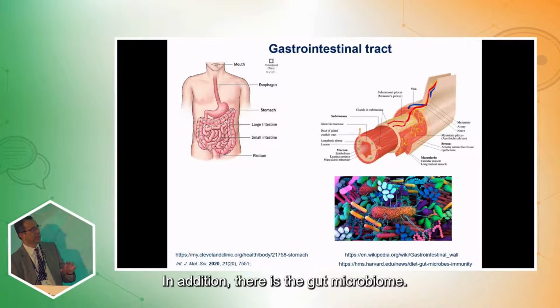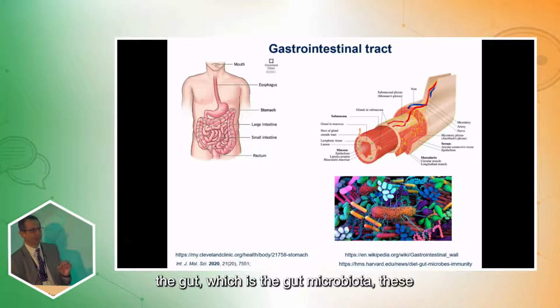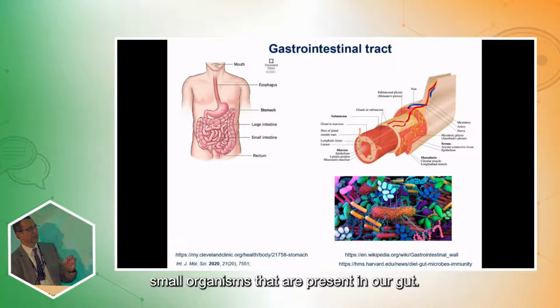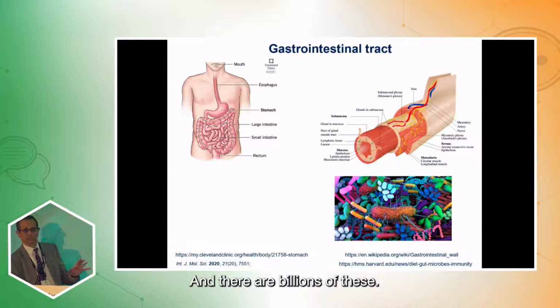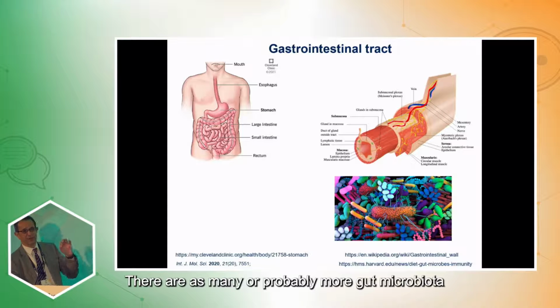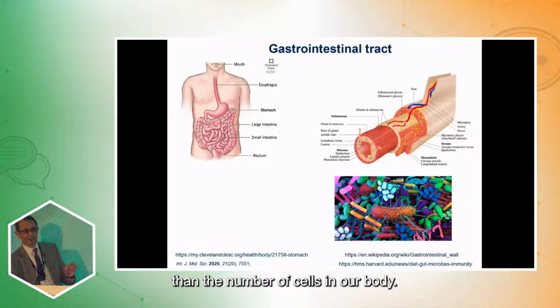In addition, there is the gut microbiome. There is a whole organ system within the gut, which is the gut microbiota, these small organisms that are present in our gut, and there are billions of these. There are as many or probably more gut microbiota than the number of cells in our body.